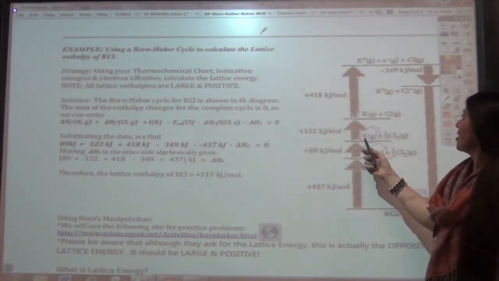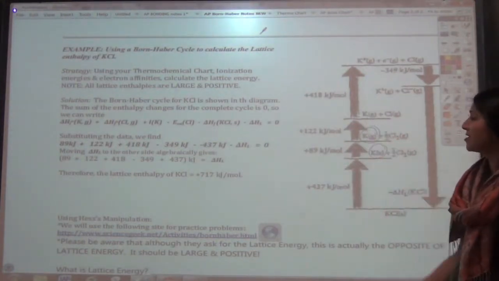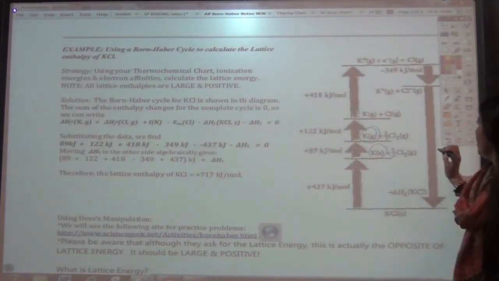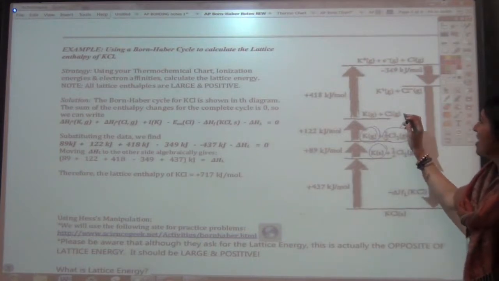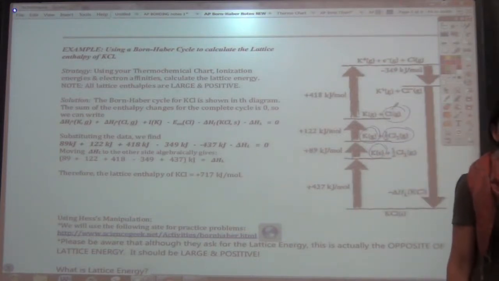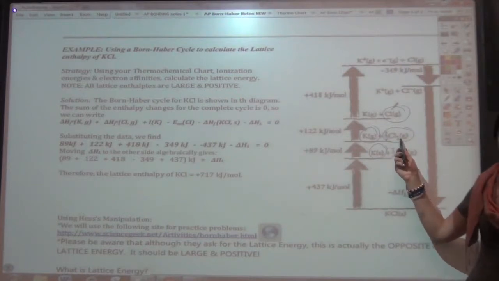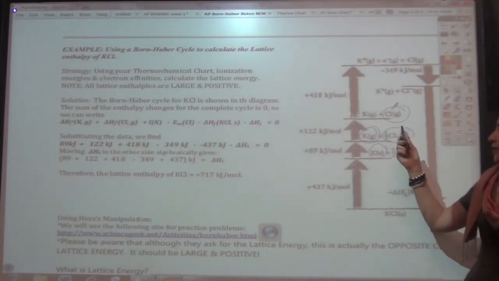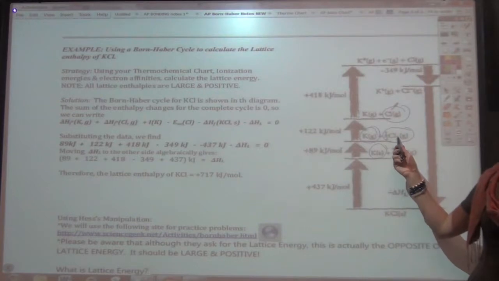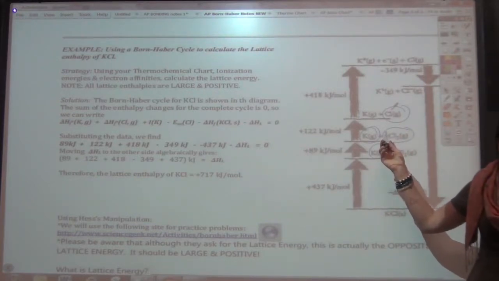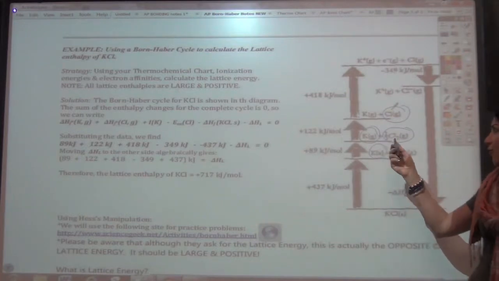This one says take potassium as a gas, and it still stays as potassium as a gas, so that didn't change. So what changed? Well, we have 1/2 Cl2 gas, and we're changing it to Cl gas, okay? Notice here, what's 1/2 times 2? 1. So is this balanced? Yes. That's 1 Cl, and that's actually equal to 1 Cl, because 1/2 times 2 is equal to 1. So that's fine.